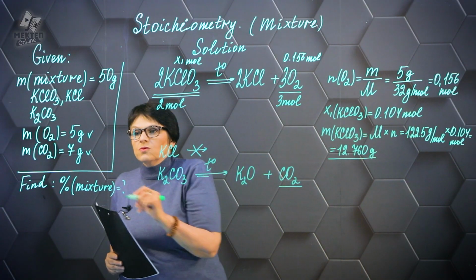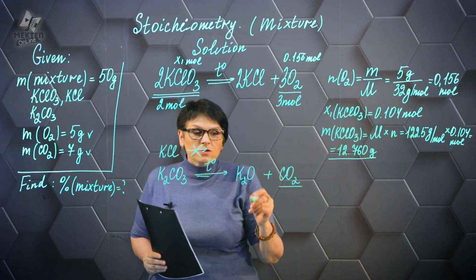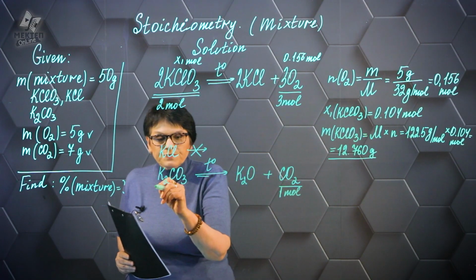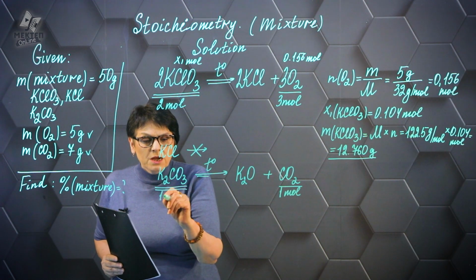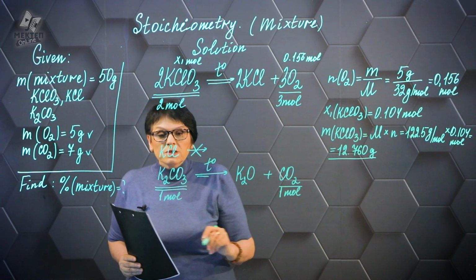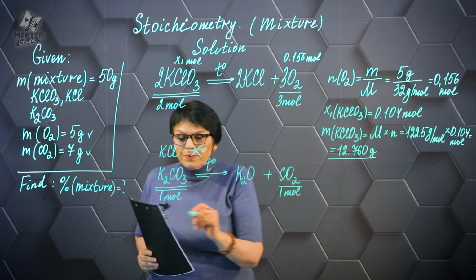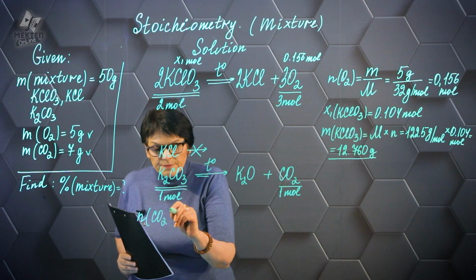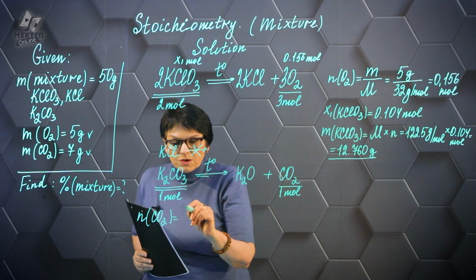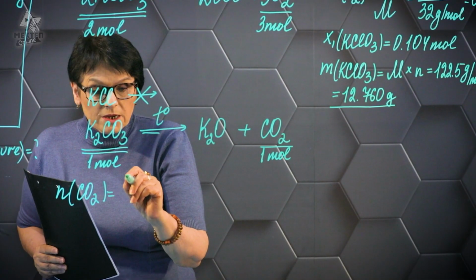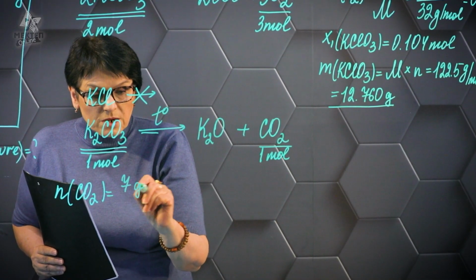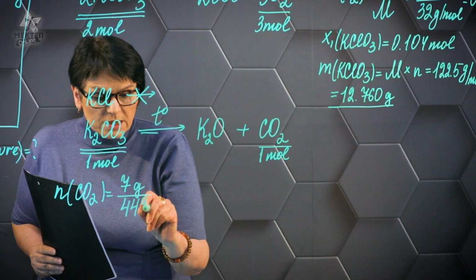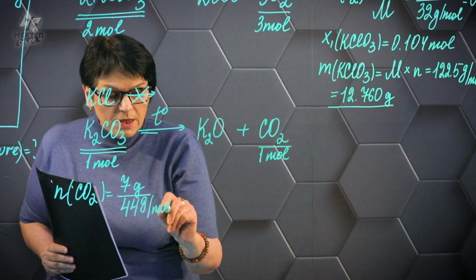Now let's go back to the second equation. We have CO2 from this reaction, and then we can find how much potassium carbonate we have in this case. To do that, let's calculate how many moles of CO2 we have. The same formula of mass over molar mass works. We divide 7 grams by the molar mass of carbon dioxide, that's 44 grams per mole.